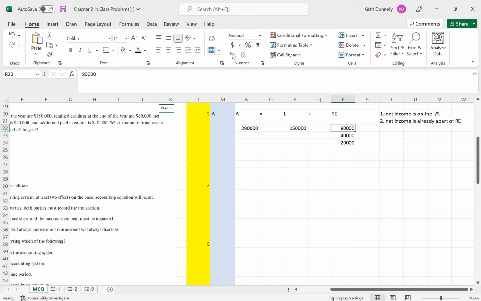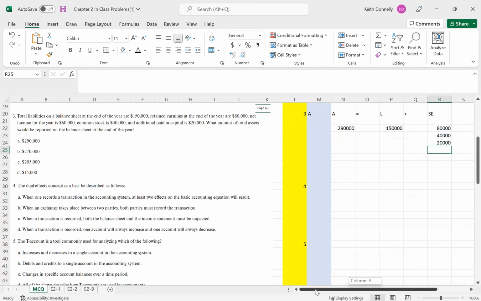So in other words, in this $80,000 already is the net income. It's your beginning plus your net income minus your dividends equals your ending. So your ending here, 80, would go over, and that would already include your net income. So if it's already included in here, and then you were to put it down there, you'd be double counting it, right?